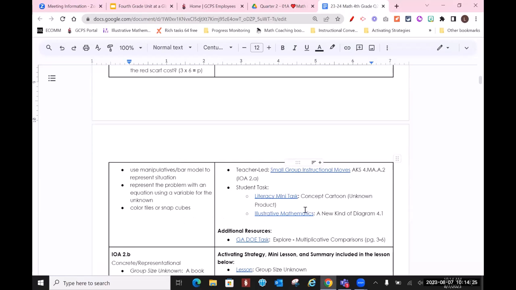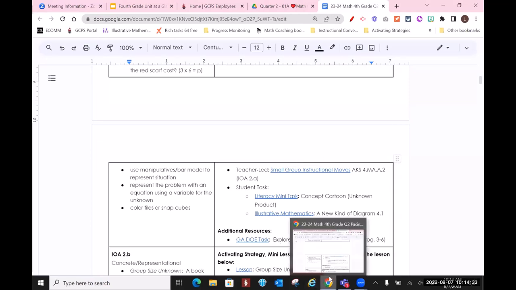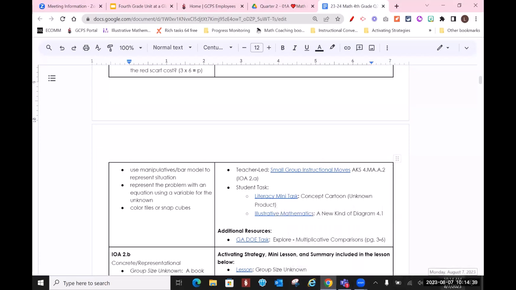We also want you to be aware that the Georgia DOE tasks, like right here under additional resources, have been linked on the pacing guide. The Georgia DOE task that we have linked on the pacing guide will open a document with multiple resources. The link provided will land on the first page of the task that corresponds with the page number noted on the pacing guide.